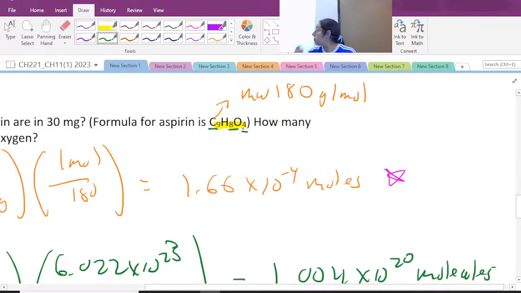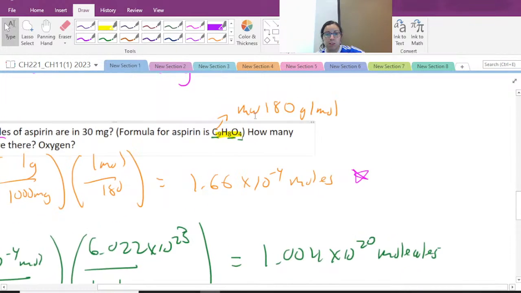So if we want to find how many of each atom we have, we multiply this by this number. Thank you. Yeah, so you just make your conversion factor right, however many you have.